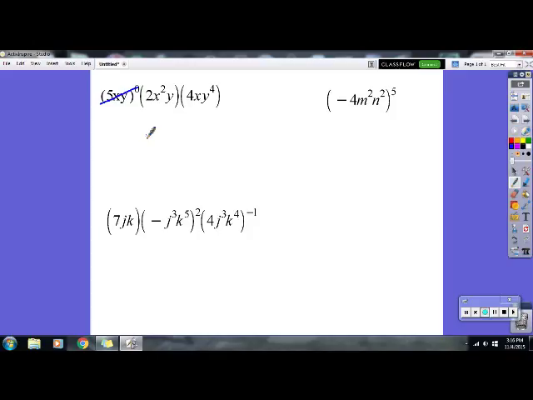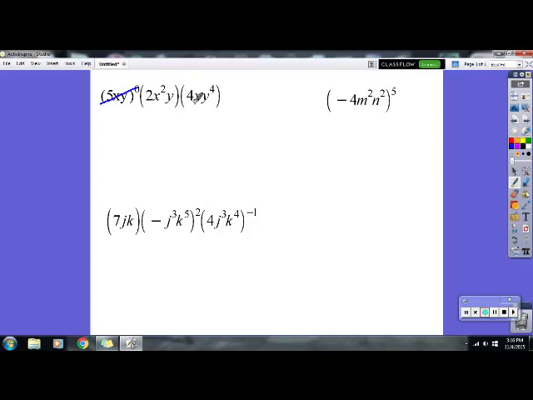Now I apply the multiplying like bases rule, where I take my like bases, like the x squared and the x, and I add their exponents. This x that doesn't have an exponent, we understand it to have an exponent of 1. So x squared times x becomes x cubed. And then y times y to the 4th becomes y to the 5th.